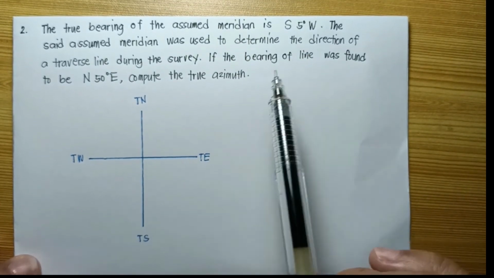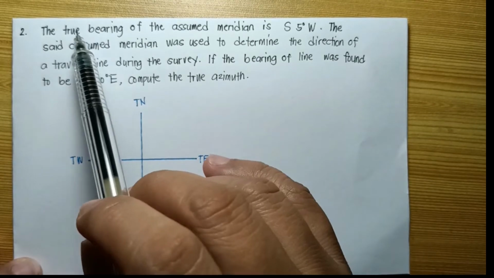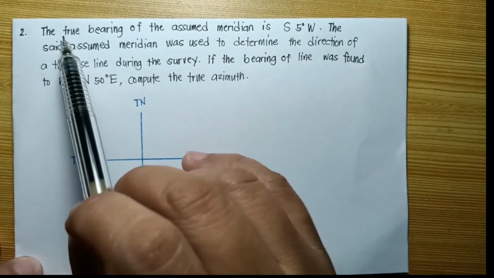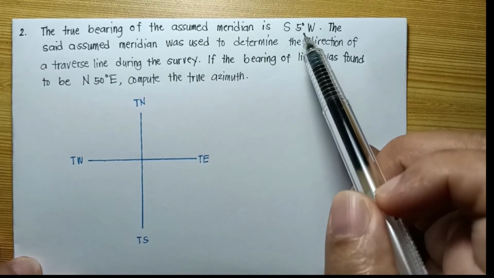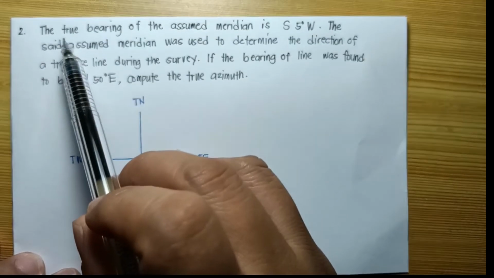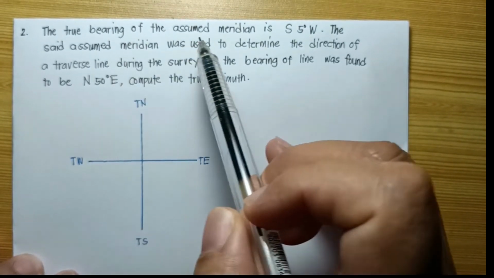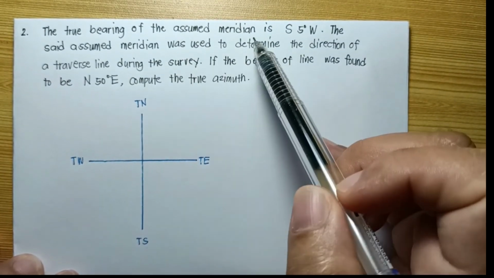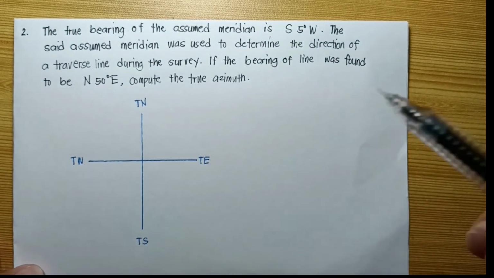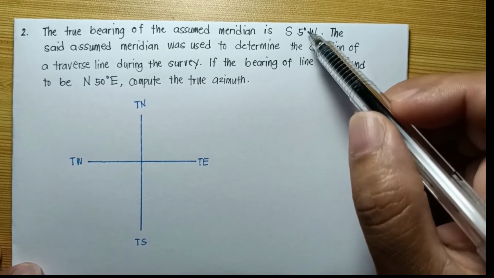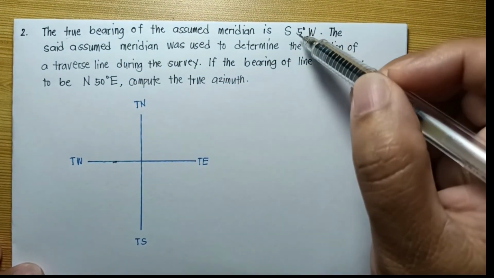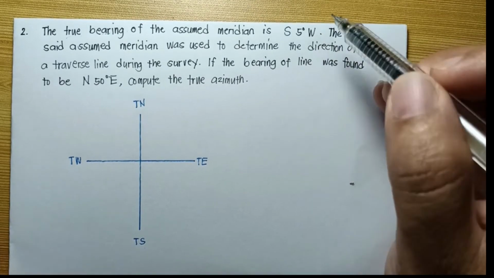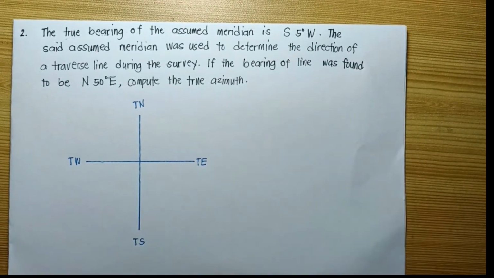So it is given that the bearing of the assumed meridian is a true bearing, meaning to say the 5 degrees should refer from the true meridian. Okay, and that is the location of your assumed meridian. So where is south 5 degrees west? Take note that it's true. Where is south 5 degrees west? So it is somewhere here. So let me draw the line.